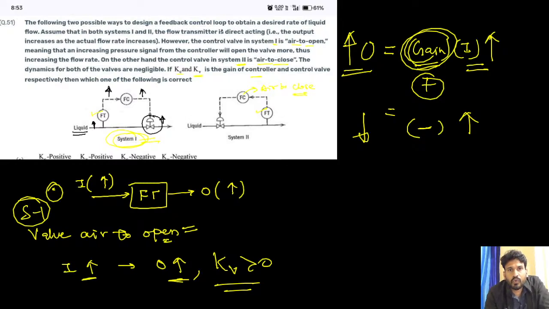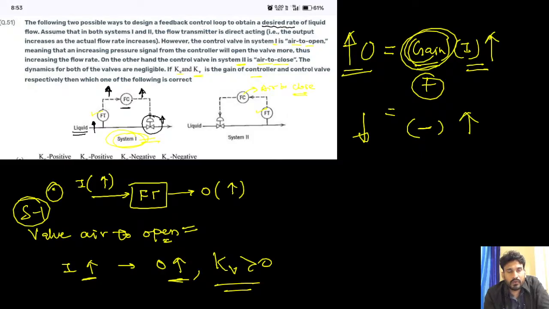What we have to do, we have to maintain the flow rate at the desired rate. Let's suppose suddenly the liquid flow rate at this point is increasing. Because my FT is direct acting, it gives the increasing signal to the flow controller. Let's suppose my flow controller is direct acting, which means if it gets the increased input, it also gives the increased output.